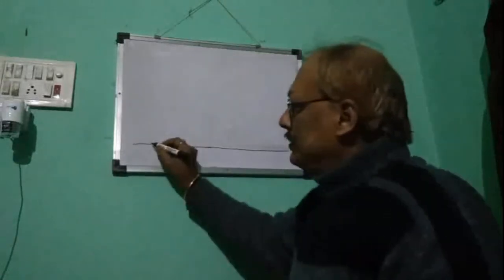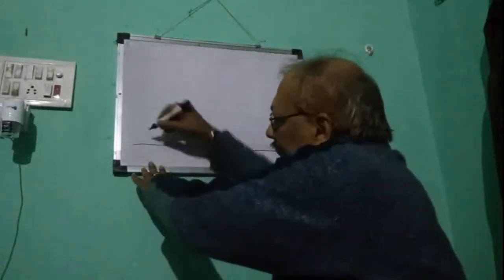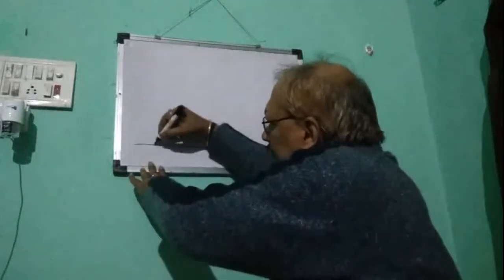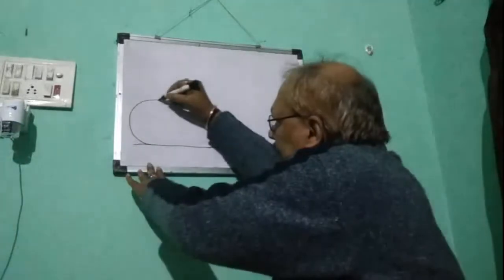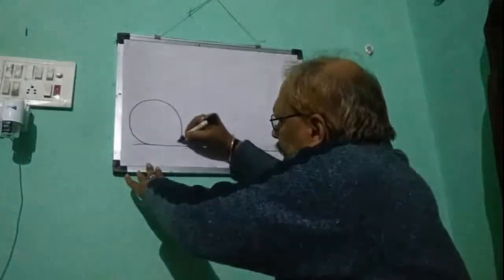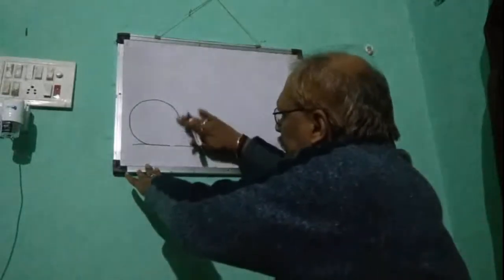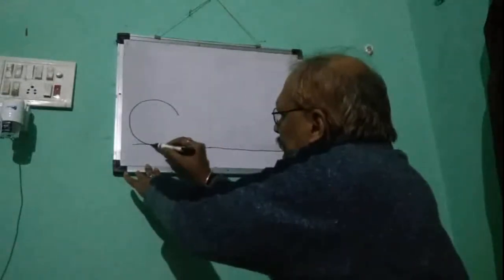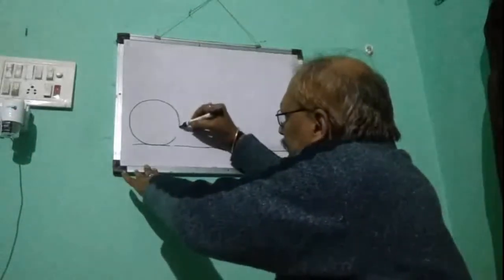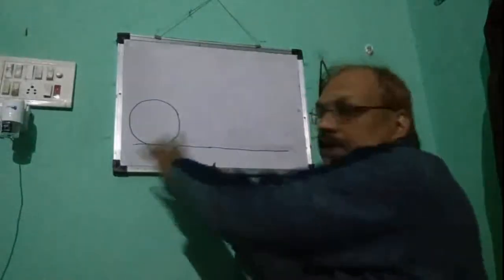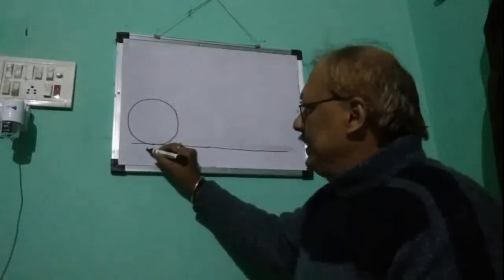Okay, so suppose here is the starting point. So I am making the circle. This is the starting point of the circle. This point is A.